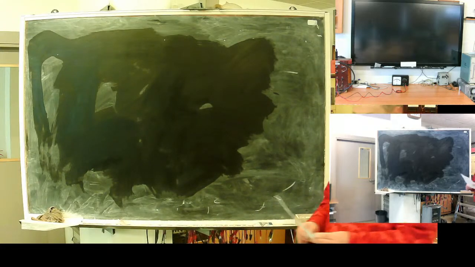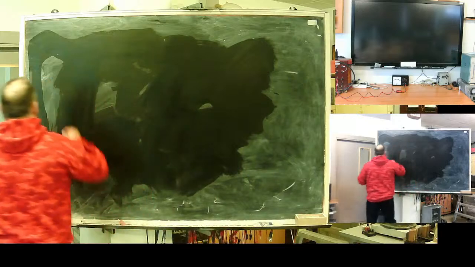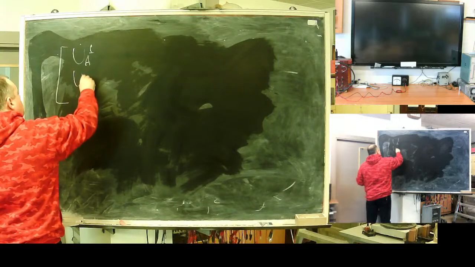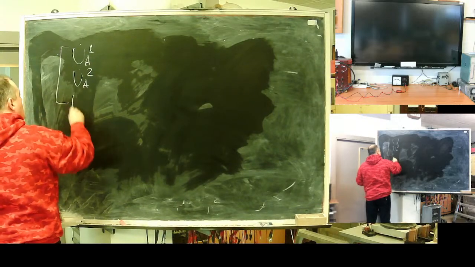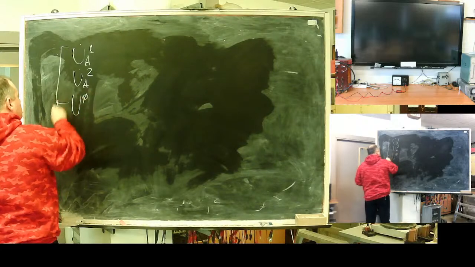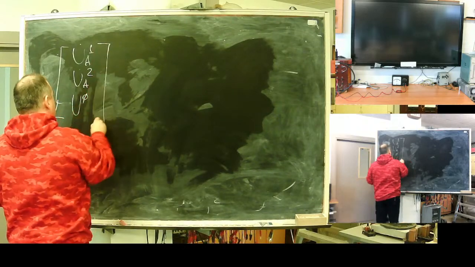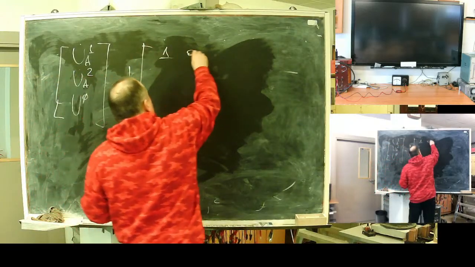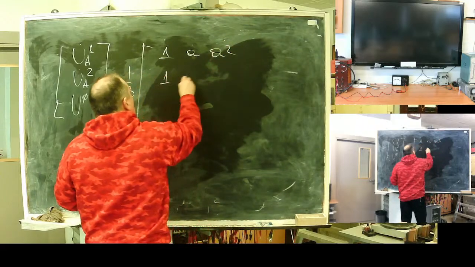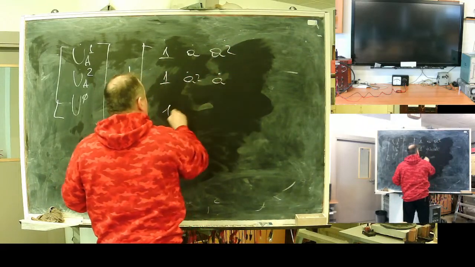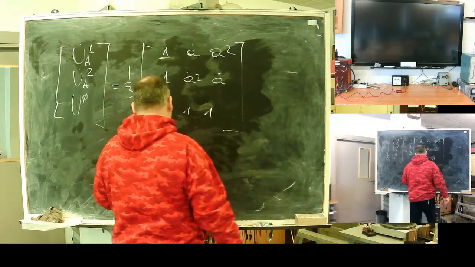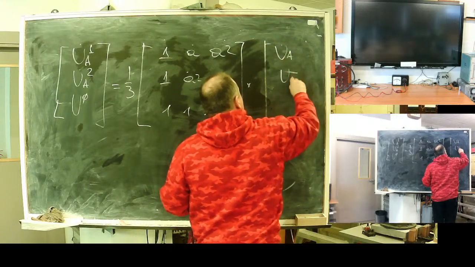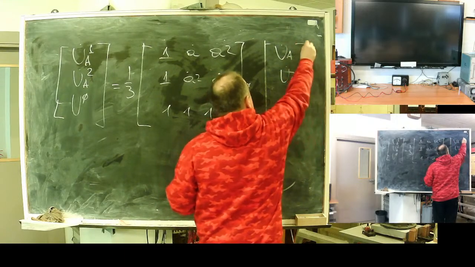Okay, where am I going? So I will get something like this. The direct sequence voltage, negative sequence voltage, and zero sequence voltage equal 1/3 times the matrix [1, a, a²; 1, a², a; 1, 1, 1] multiplied by A phase voltage, B phase voltage, and C phase voltage.